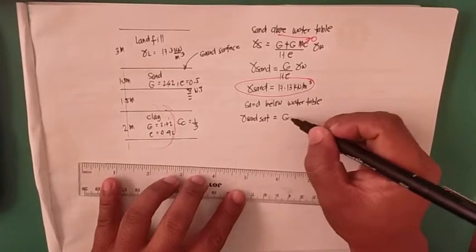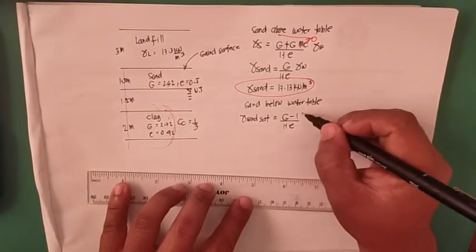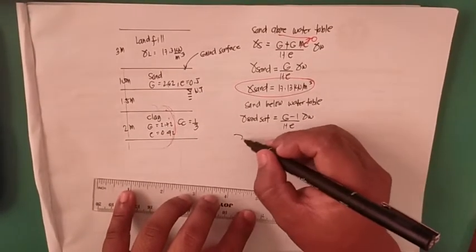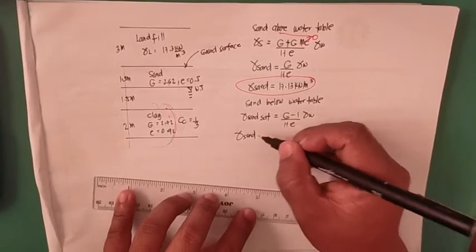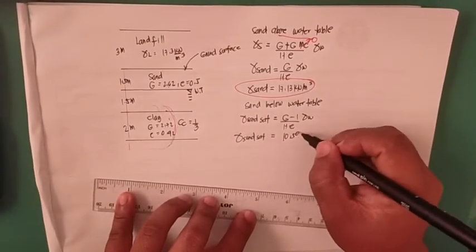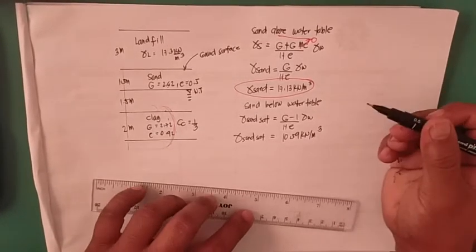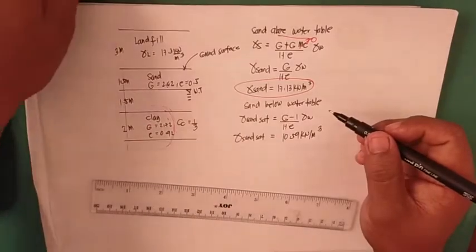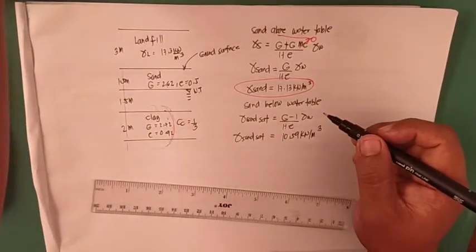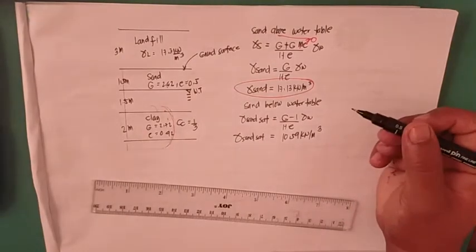Using a formula of G minus 1 over 1 plus e, gamma of water, gamma of sand saturated will give you 10.59 kilonewtons per cubic meter.